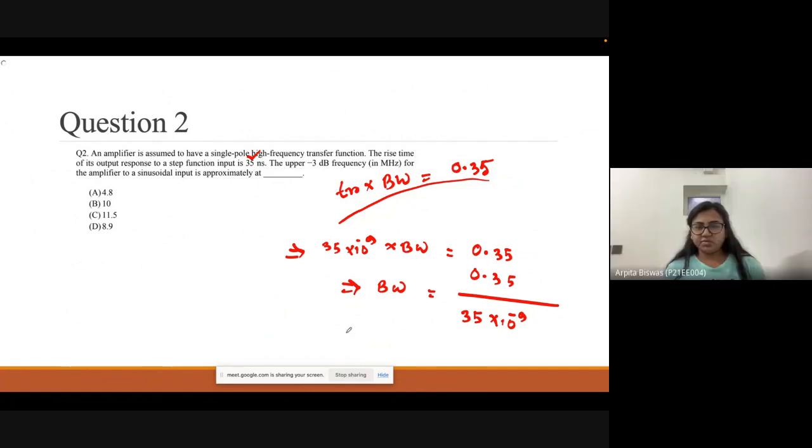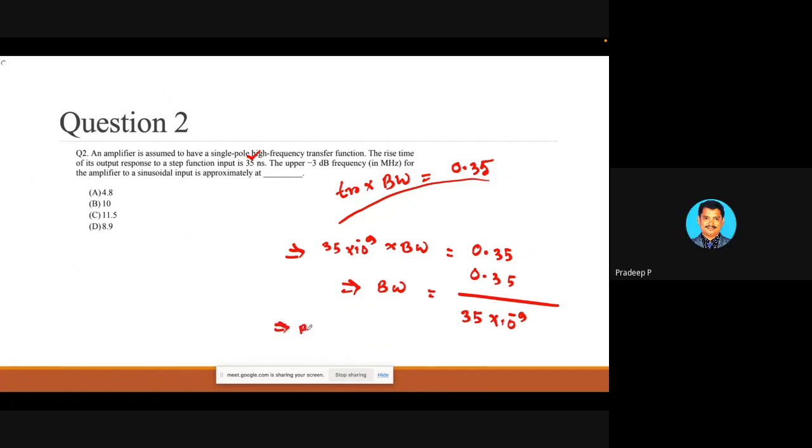Now tell me what is the value of this bandwidth here? It's 10, madam. Yes, 10.